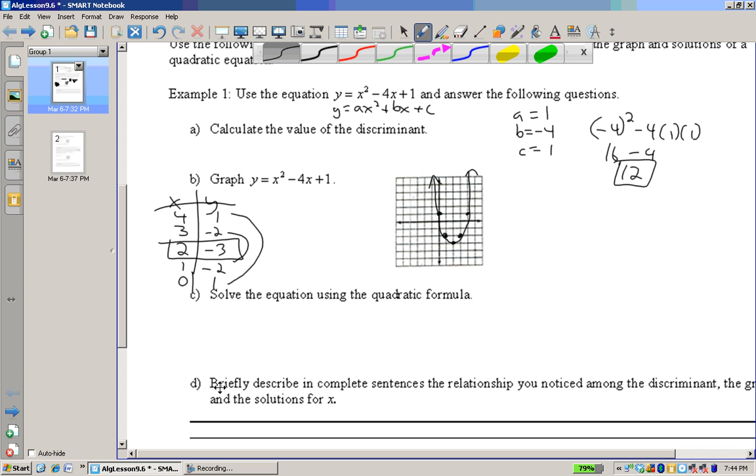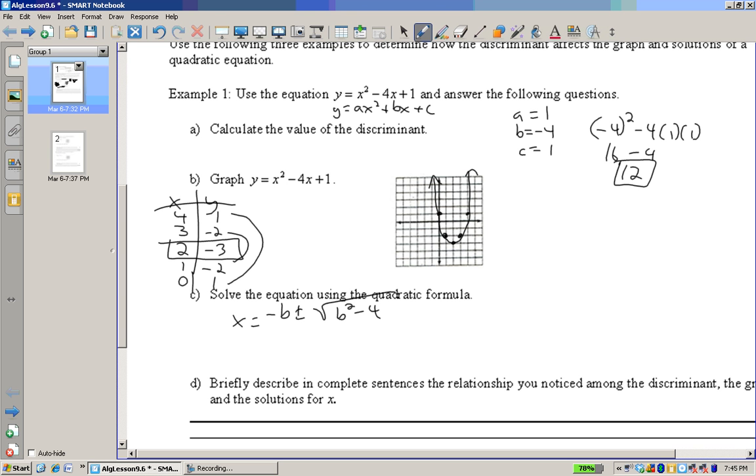Interesting. Solve the equation using the quadratic formula. Well, x equals, we like to do pop goes the weasel, x equals negative b plus or minus the square root of b squared minus 4ac all over 2a. So we're going to plug in everything here. The opposite of b, which is negative 4, plus or minus the square root of b squared minus 4ac, which is what I was dealing with here.